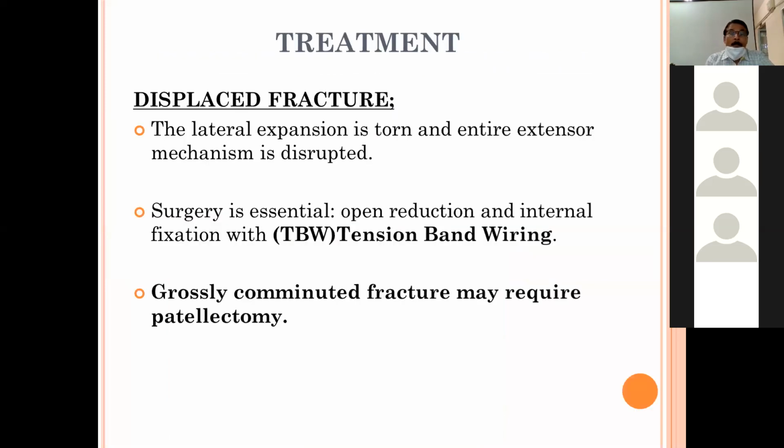Another treatment is for when the fragments are apart from each other and there is a gap. This is not a candidate for conservative treatment. Here you need to go for operative treatment, and the operative treatment most commonly executed is called tension band wiring. What is that?